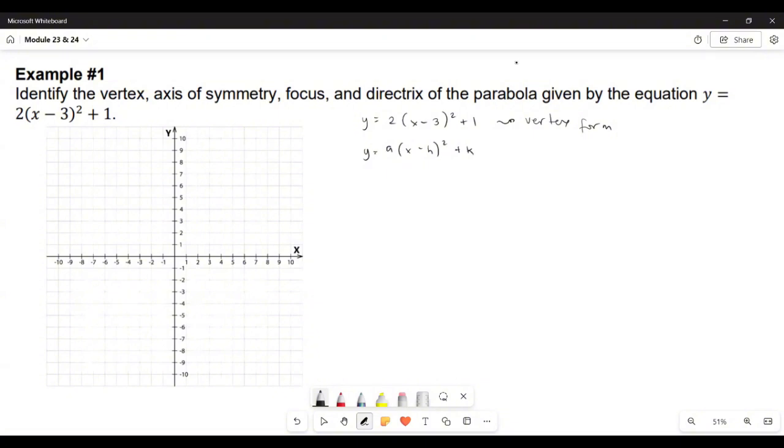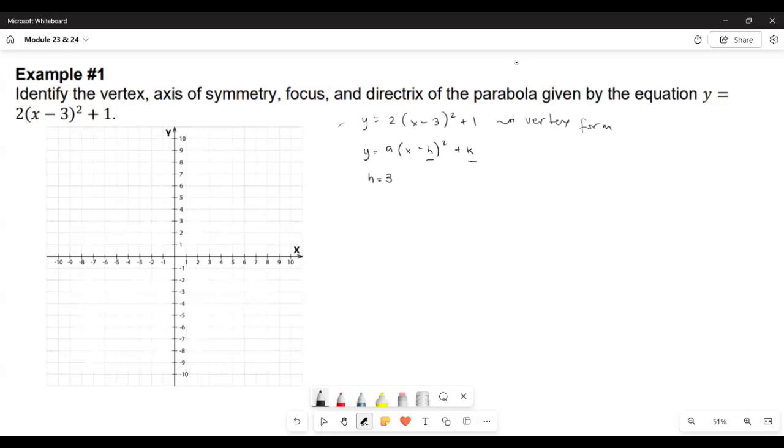Okay? So, para makuha natin yung vertex dyan, kunin natin itong value ng h saka ng k. So, tingnan natin yung given natin. Kung mapapansin yung given natin, ang magiging value ng h natin ay 3. Hindi na natin siya pwedeng gawing negative 3 since negative naman talaga yung nasa vertex form of the equation natin.